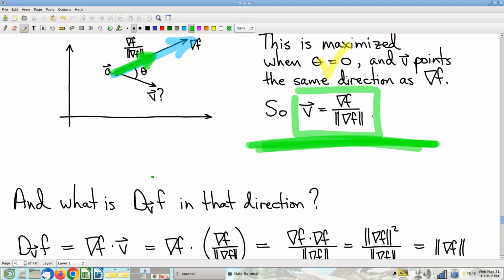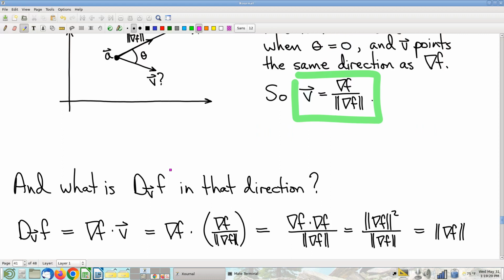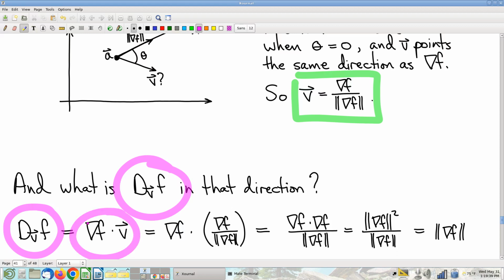Related question. So, okay, I've decided that I'm going to move in this direction. What is the value of this directional derivative? How fast is the function changing as I move in that direction? How steep is the hill if I were to start climbing in that direction? Well, directional derivative is computed by a dot product.